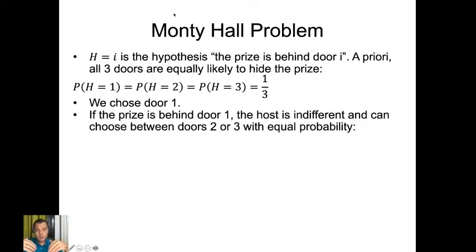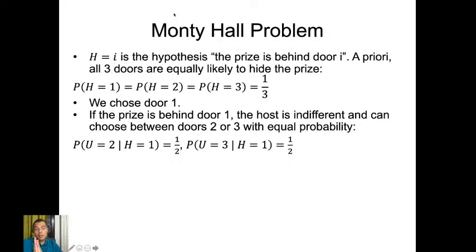I'm retaking the steps here. If the prize is behind door number 1, then the host is indifferent and can choose between doors 2 and 3 with equal probability. So here we're introducing the conditional probabilities.